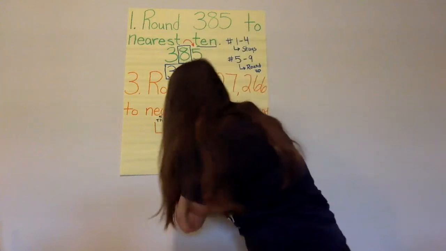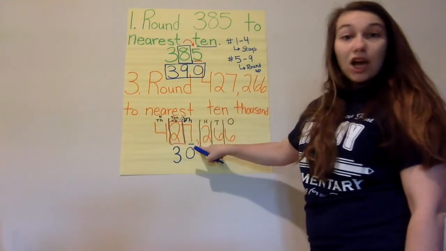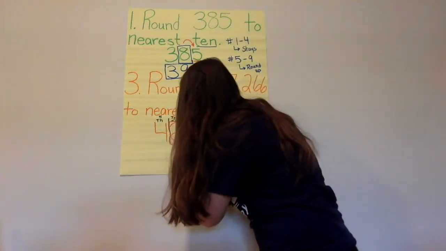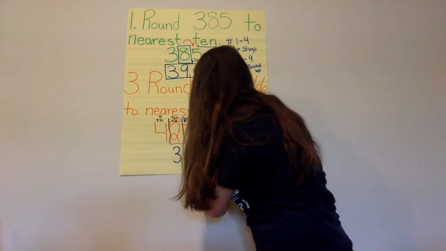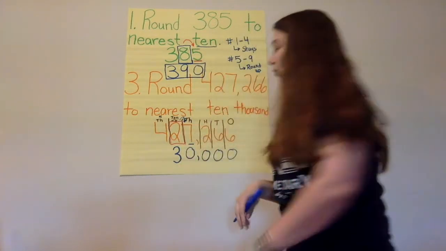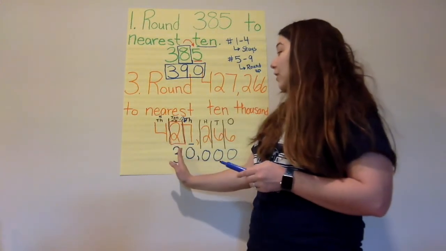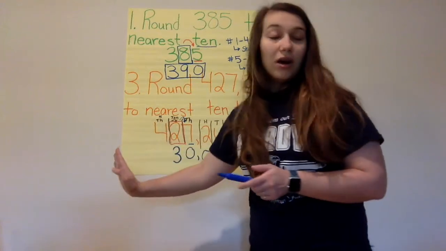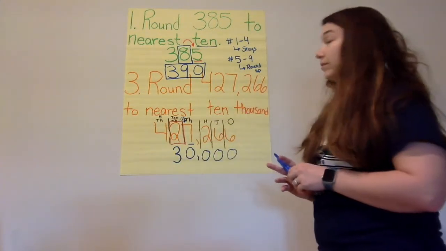Very good. So I have a 0 in the thousands place, and then I have my comma. Do not forget your comma. Then I have a 0 in the hundreds place, a 0 in the tens place, and a 0 in the ones place.